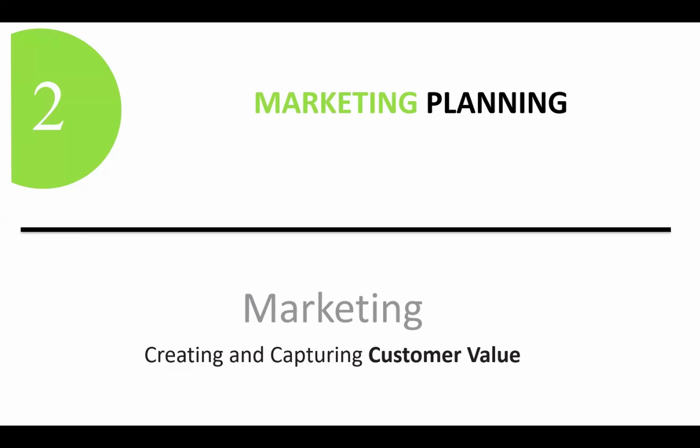Now we are talking about 2 to 3 years because things are changing rapidly. So you can't have a 5-year or 10-year plan. Since the environment is changing, consumers are changing, technology is changing, you have to continuously change your plans. Therefore, it's safer to have a planning cycle of 2 to 3 years.